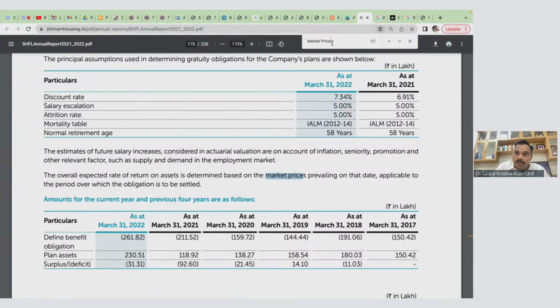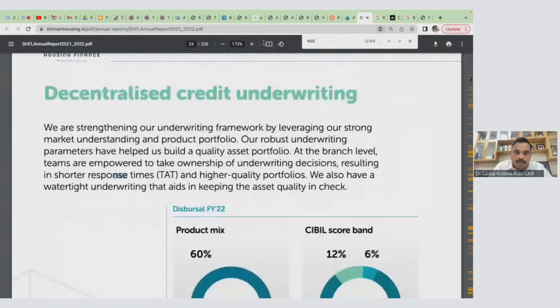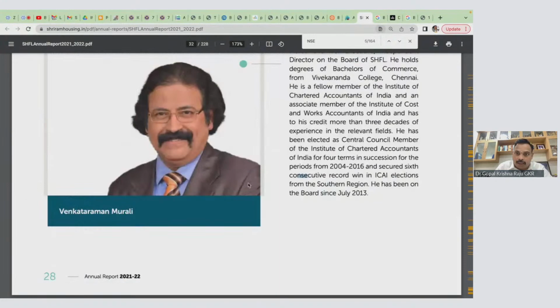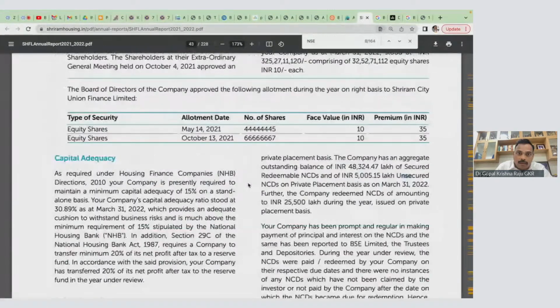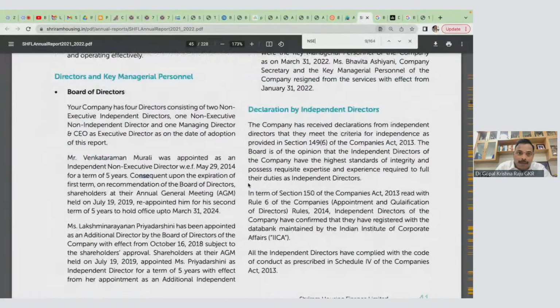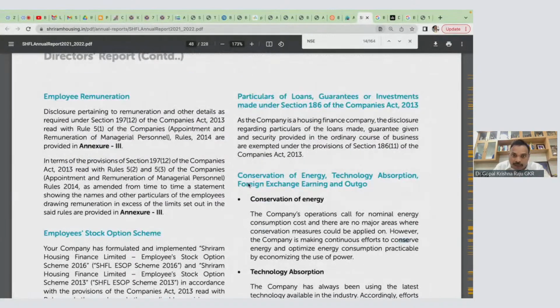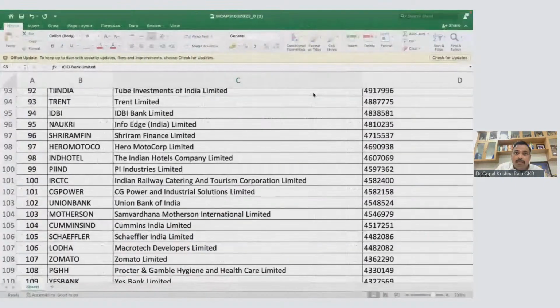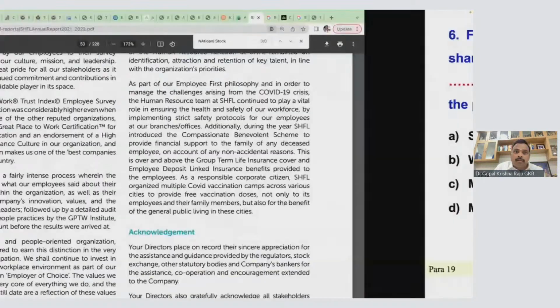Overall, BSE, NSE. Let me show you the price here, so we will understand where the price is. No problem. Anyhow, let us keep that in mind.